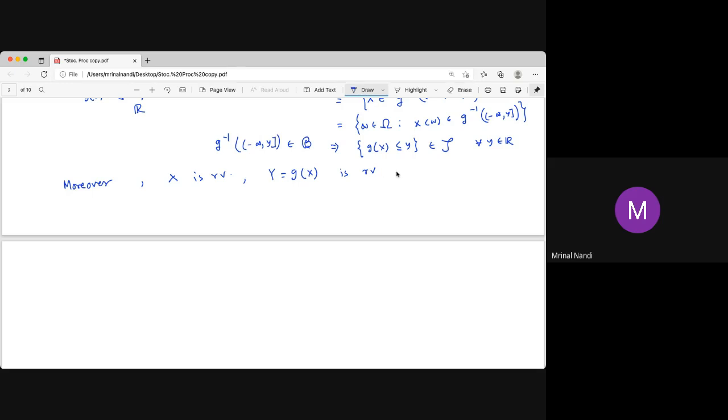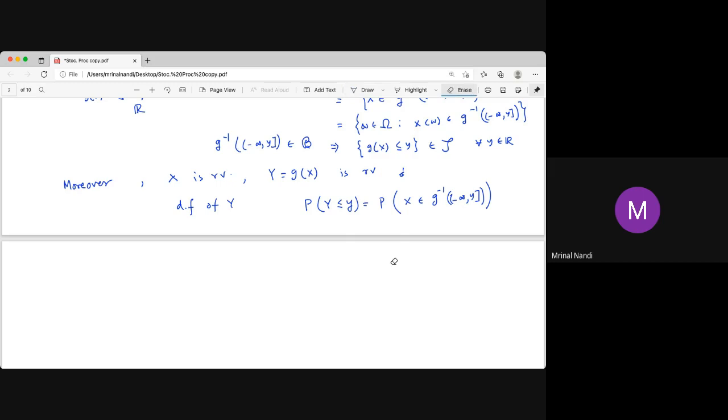The distribution function of Y is just probability of Y less than or equal to y. This is nothing but probability of X belongs to the g inverse of that set. So probability of this set. This is the distribution of Y.